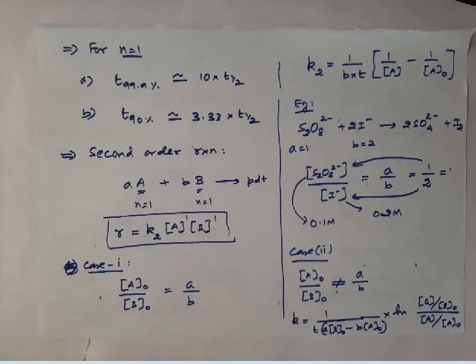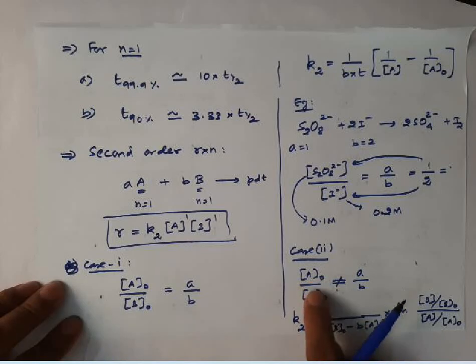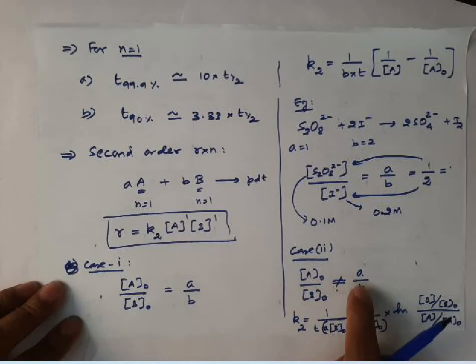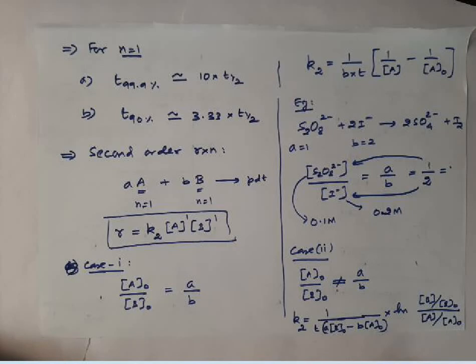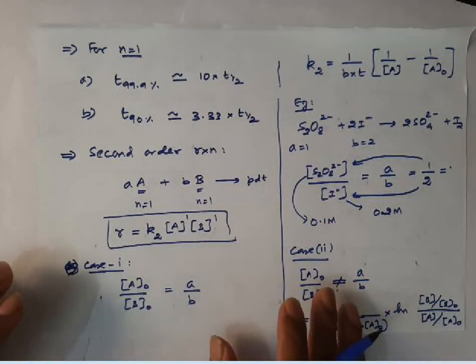Okay, this is the expression for the second order rate constant if the concentration ratio is not equal to the stoichiometric coefficient ratio. Okay, yeah. So this is regarding second order reaction.